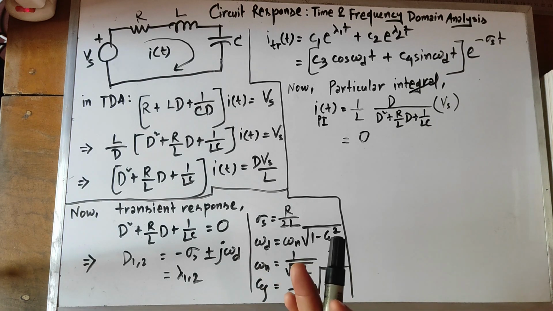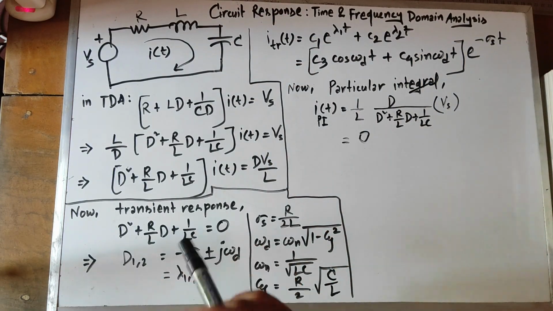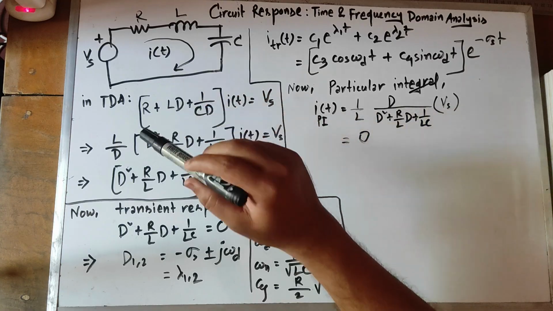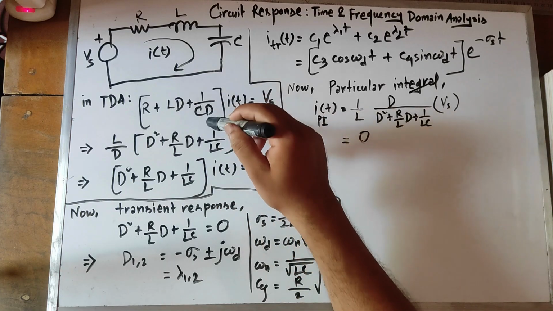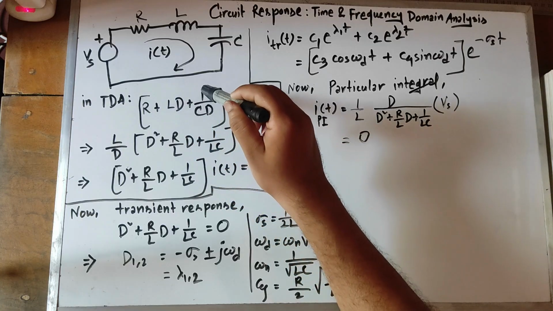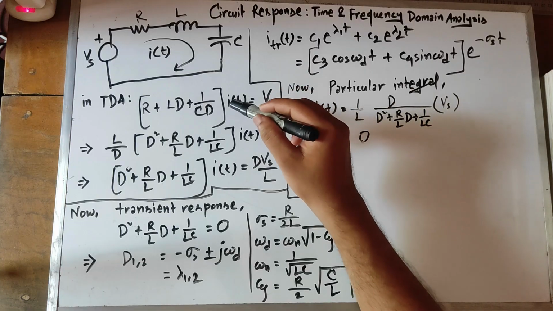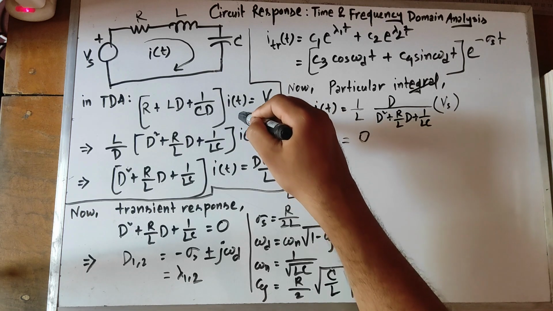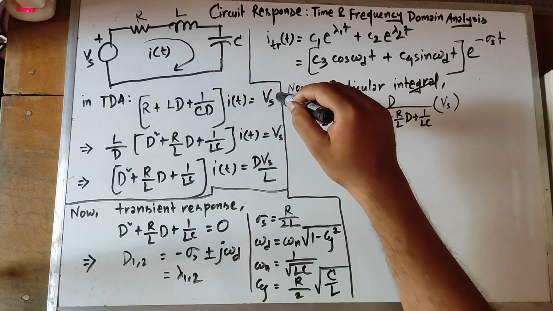So by KVL, current through all the elements in the loop: R plus LD, where D is the linear differential operator, which is d by dt, and 1 by D is integration. So R plus LD plus 1 by CD, the whole thing multiplied by the loop current, equals the input, which is the DC value Vs.